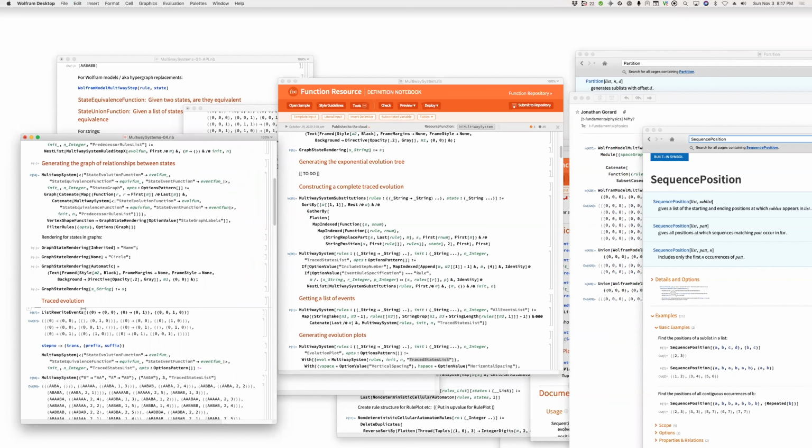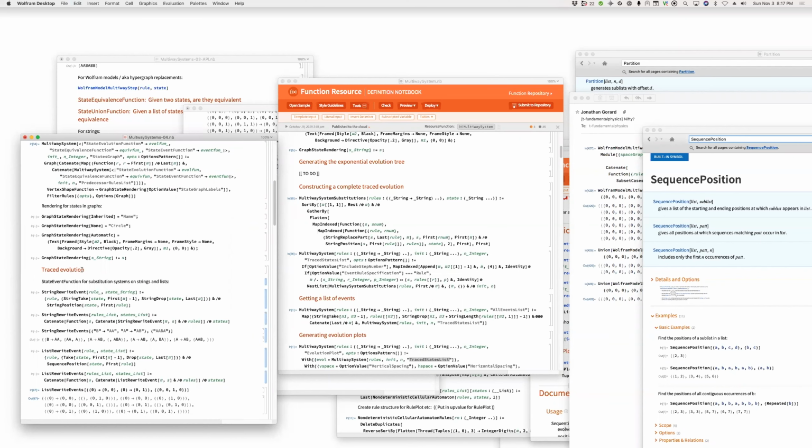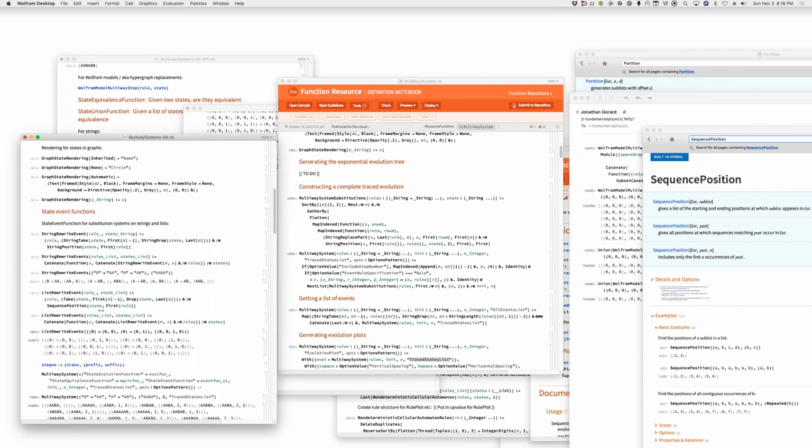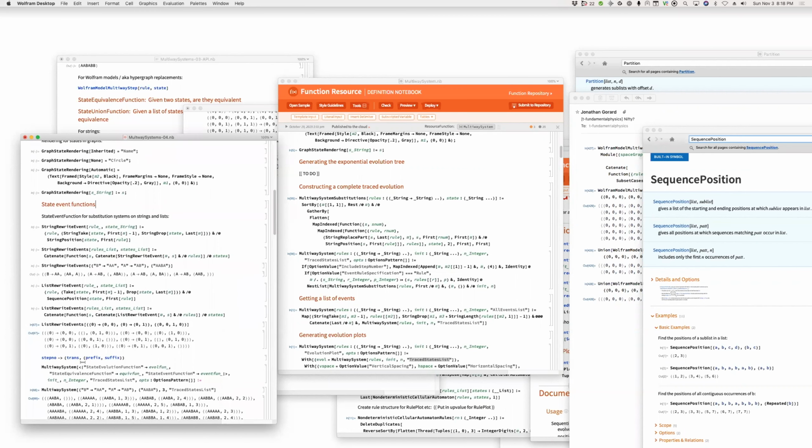Actually, let's put those back. And then this is generating traced evolution.